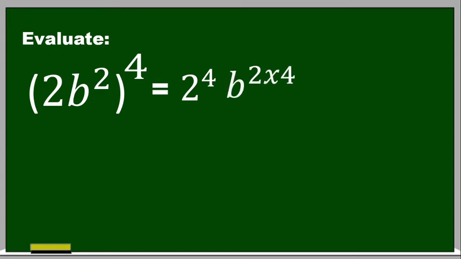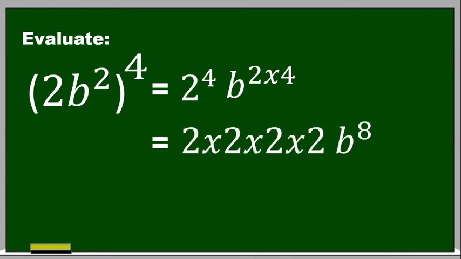So that is b raised to 2 times 4. And 2 to the fourth is the same as 2 times 2 times 2 times 2, which is 16, and 2 times 4 is 8. Therefore, we will have a final answer of 16b raised to the 8th power.